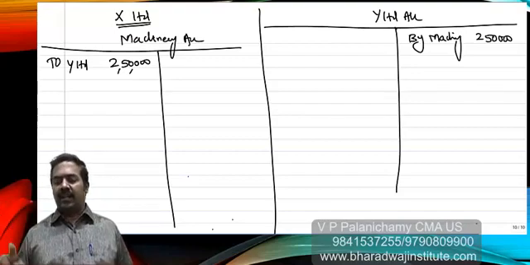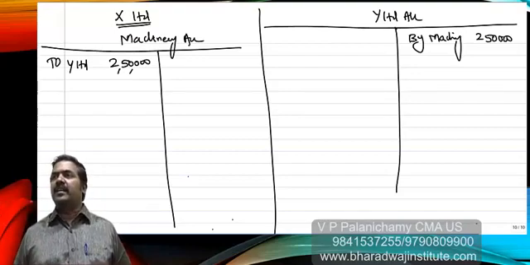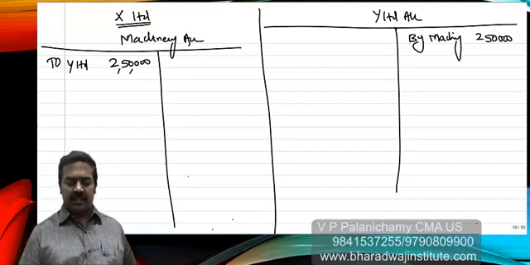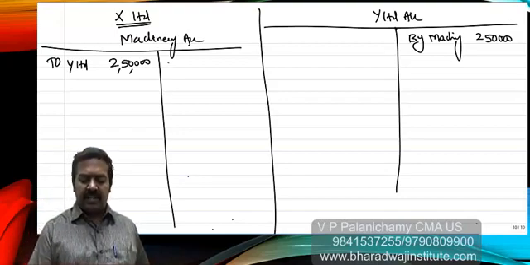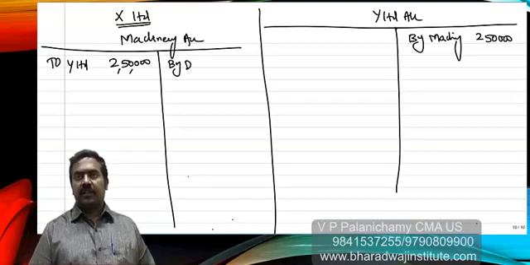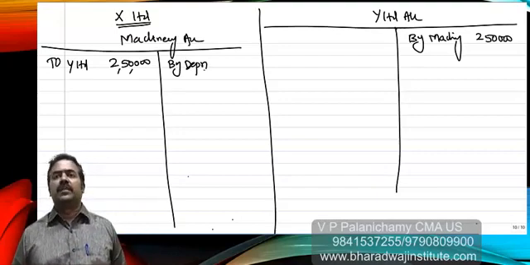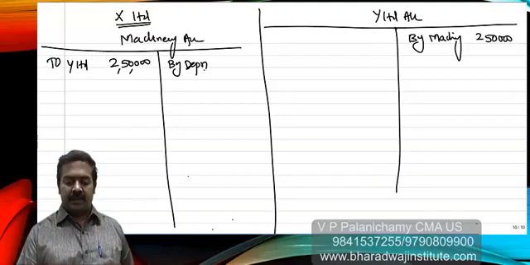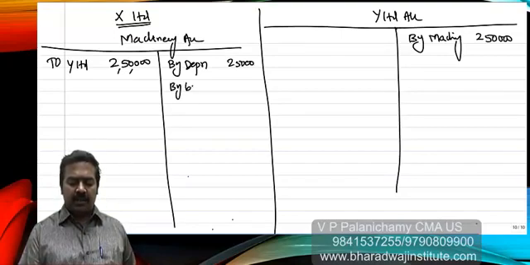Asset account debit to hire vendor, and in the hire vendor book it will come as by machinery. Listen, pay attention. In the machinery account, every year depreciation will come. What is the depreciation rate given in the problem? 10% SLN. So first year 25,000. By balance carry down 2,25,000.